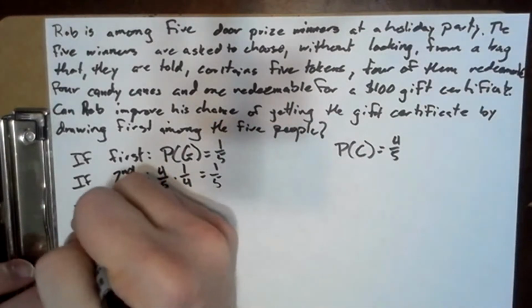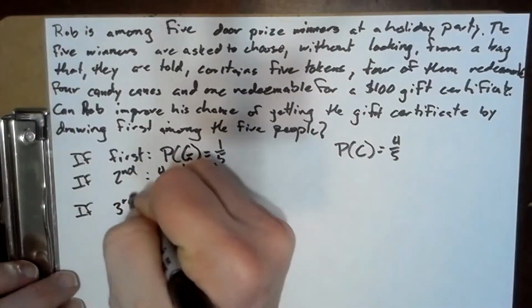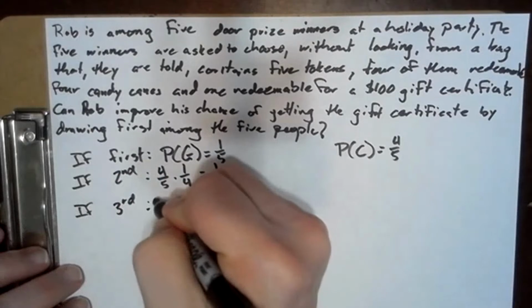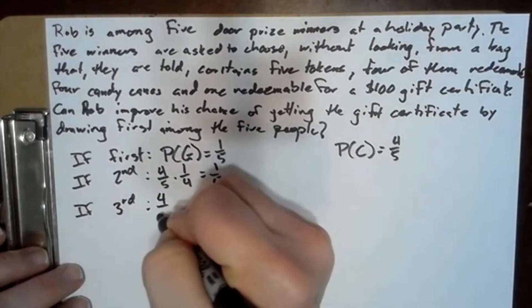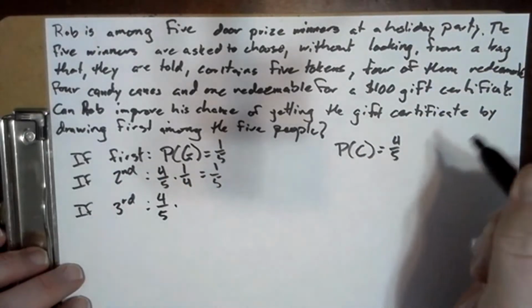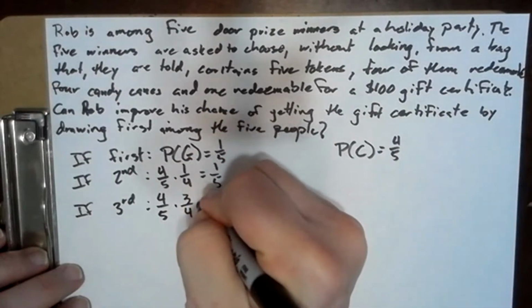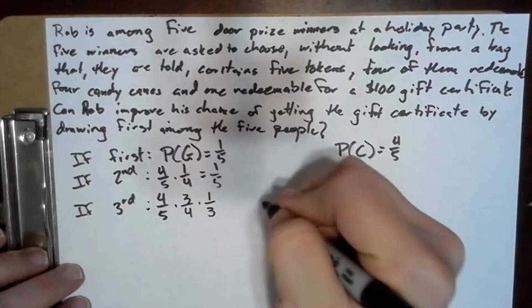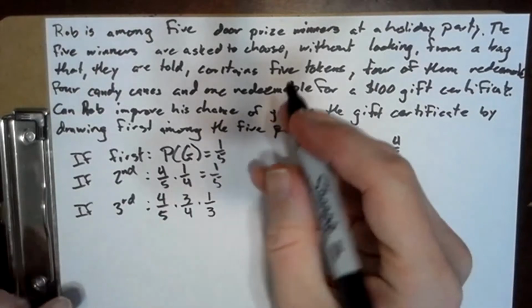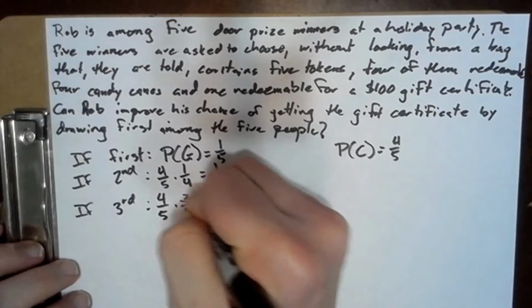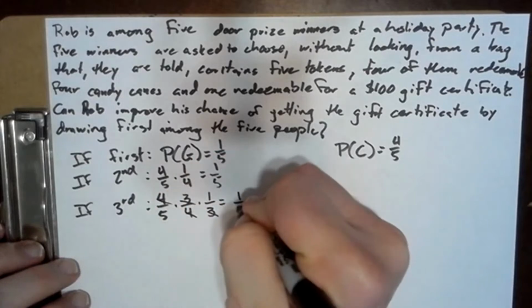If he goes third, 4/5 probability that the first person draws a candy cane, 3/4 probability that the second person draws a candy cane, and 1/3 probability that Rob gets the gift certificate. Cancel, cancel, cancel, cancel, 1/5.